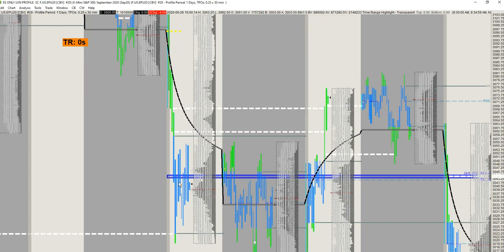Where is the lowest volume node here? I think that's a high volume node, high volume node. I mean, the TPOC is right at a low volume node here. So that's pretty straightforward. We had these single prints from this area here.